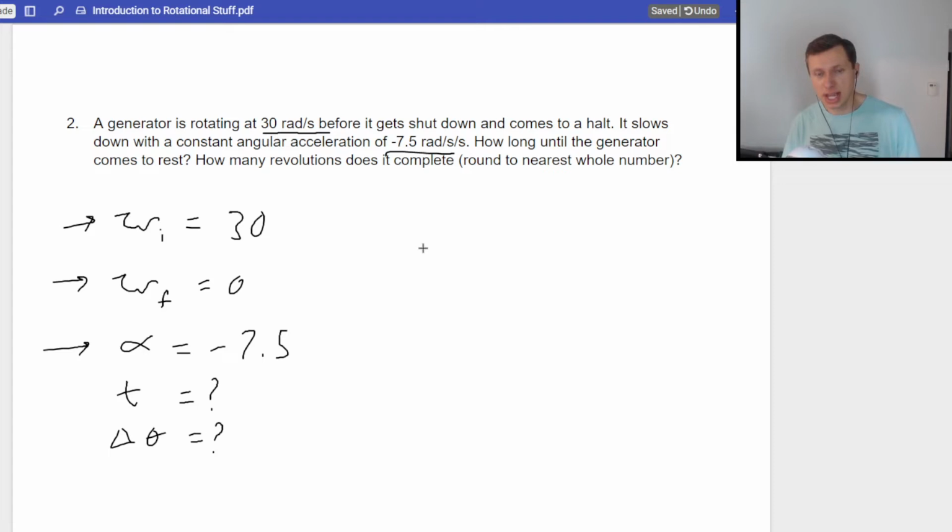It's actually going to be the exact same equation from before. Omega final equals omega initial plus alpha times time. Go ahead, I'll give you 30 seconds to solve this on your own. And then I'll be doing the work on the screen right now in the meantime.